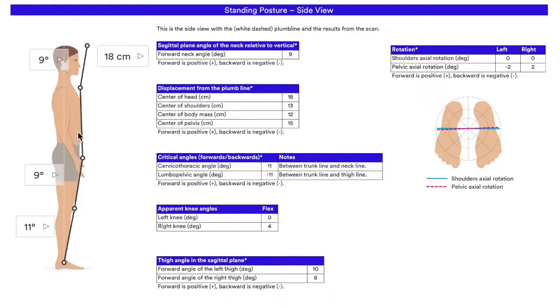When the body is leaning this much forward, it's excessively, unnecessarily loading the entire posterior chain of the body to resist gravity. We're also seeing here a rotation through his pelvis towards the left. So the positive number on the right is showing that the right hip is going forward.